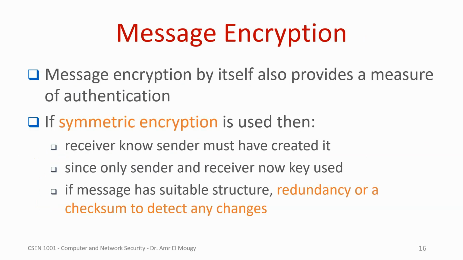Okay. Message encryption is done either using symmetric encryption or public key cryptography. So if we're using symmetric encryption, then we know that basically we have the plain text P that is passed through the encryption algorithm together with the key K. Out comes the ciphertext C. This goes to the receiver.